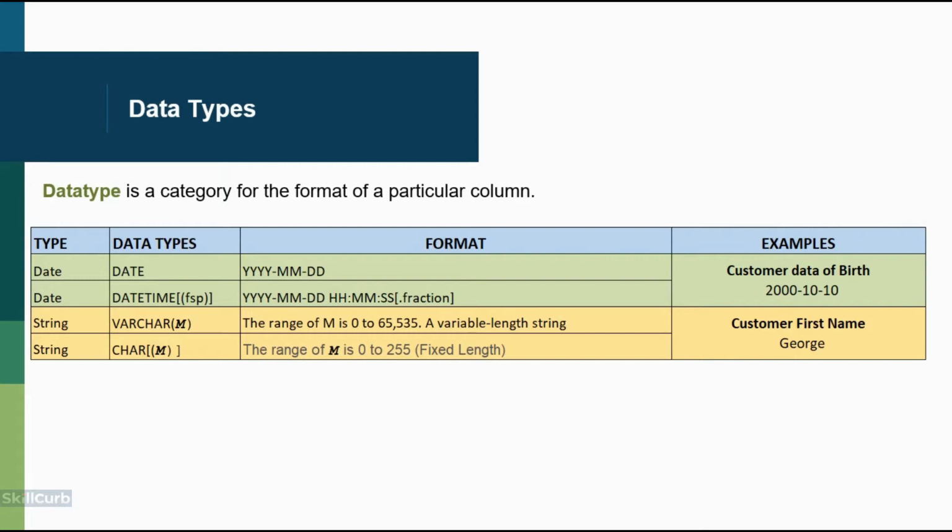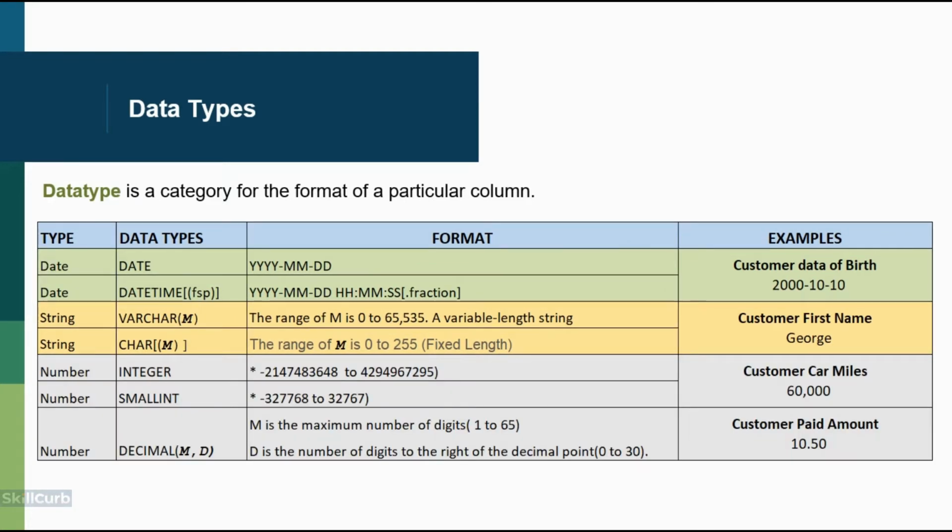In the case of a customer table, we can have customer first name, last name, anything textual. And then we have two variations, varchar, variable character, and character. We don't need to go too much into detail, but they both hold string values.